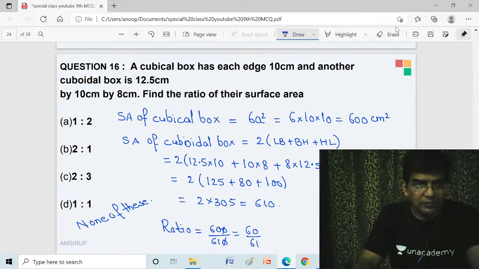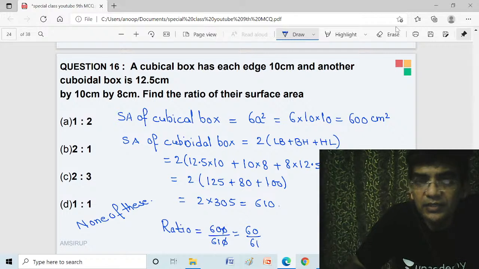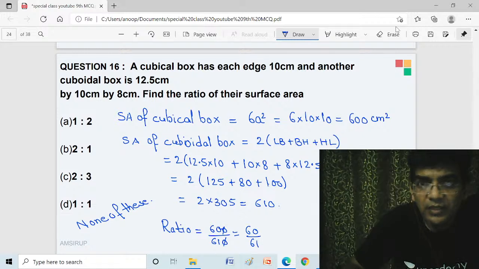See, it was 12 centimeter, right? A cubical box has an edge of 10, so 6 into 10 into 10, that makes it 600. Then we have the ratio of the surface, twice length into breadth, breadth into height, height into length.